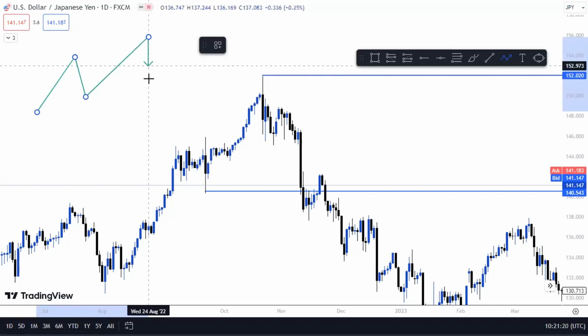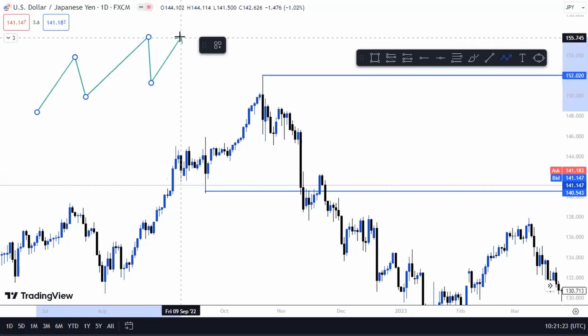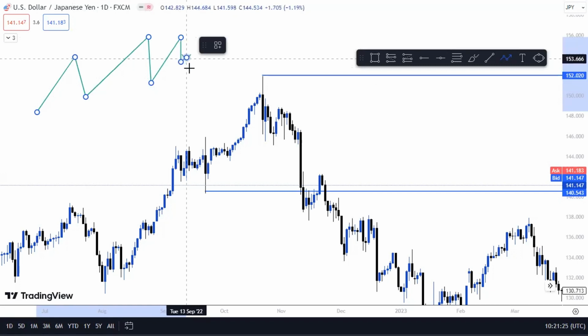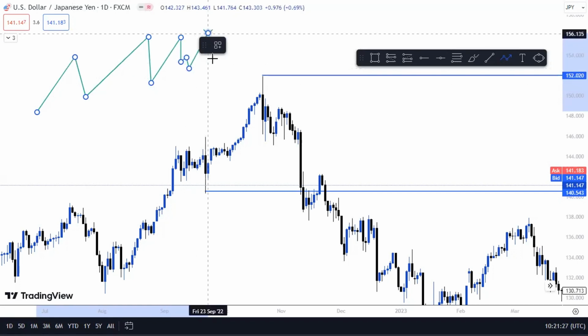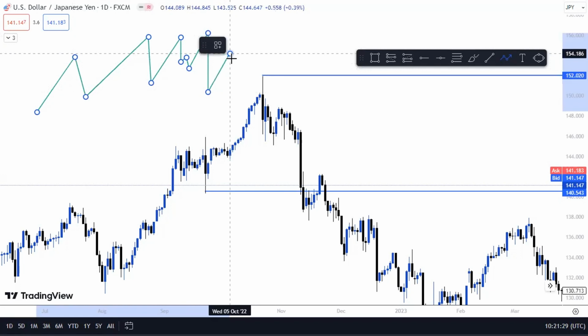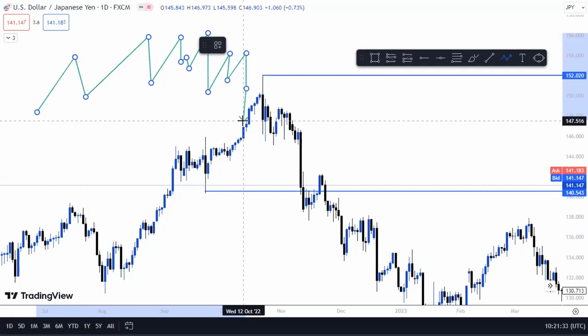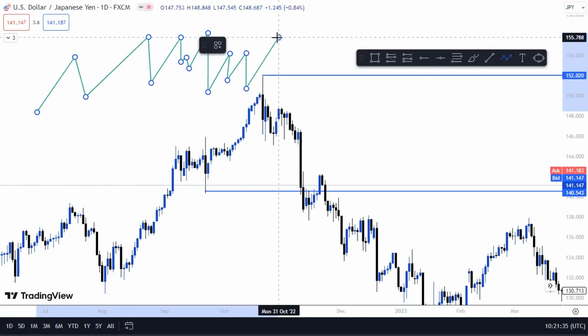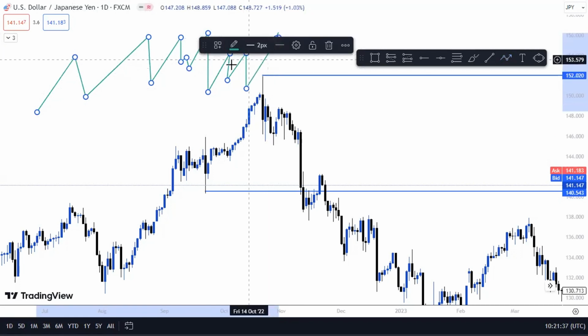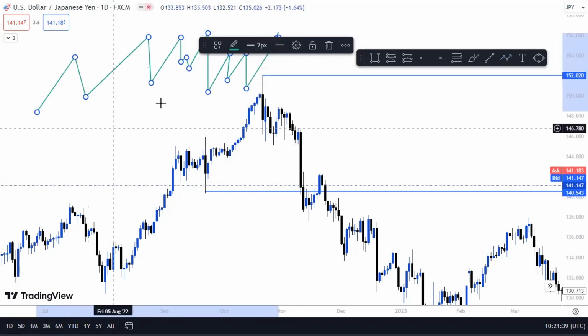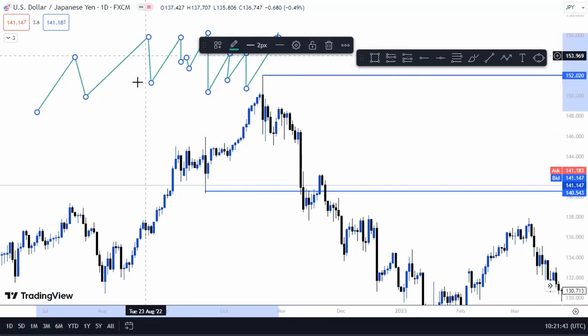It creates a higher high, higher low, higher high, higher low. That is what makes it very difficult to predict. You understand? So the market does not move in a straight line. It creates higher high, higher low, higher high, higher low.